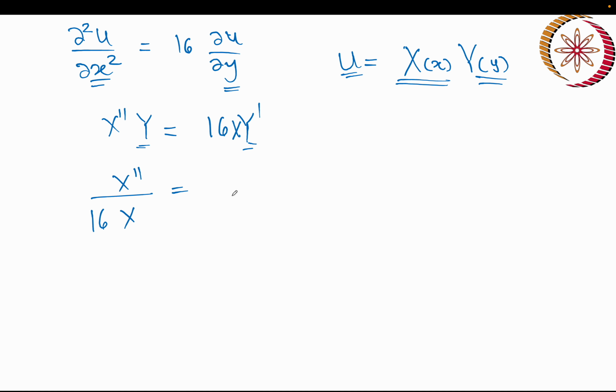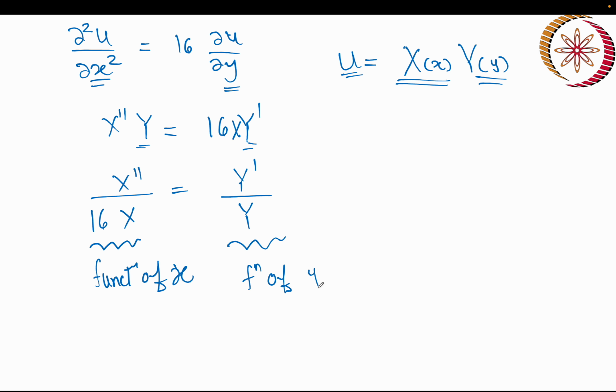Let's take 16 also here, so it will be X double prime upon 16X is equal to Y prime upon Y. This left hand side is just a function of x, and the right hand side is a function of y. This is small x and small y, because capital X is a function of small x and capital Y is a function of small y.